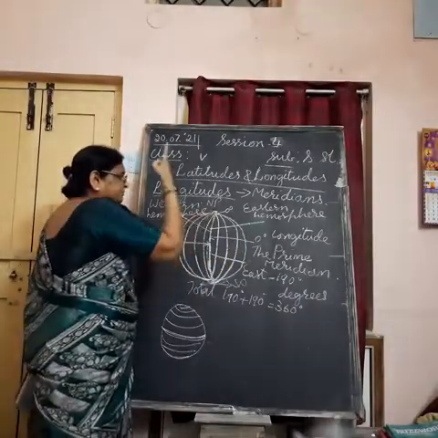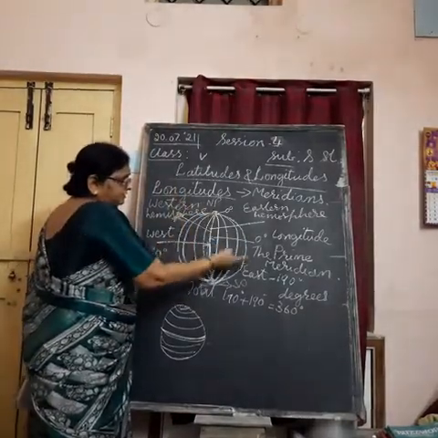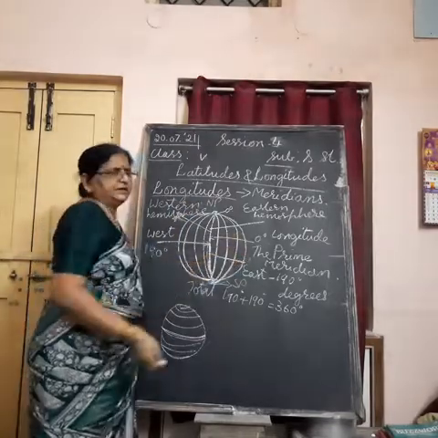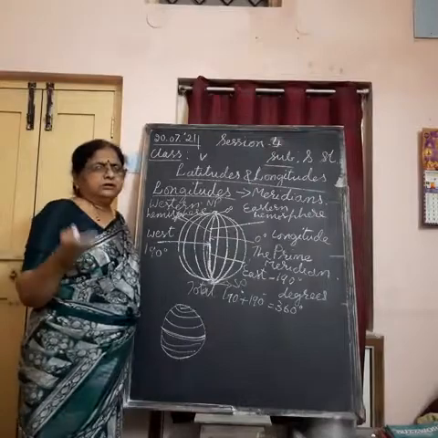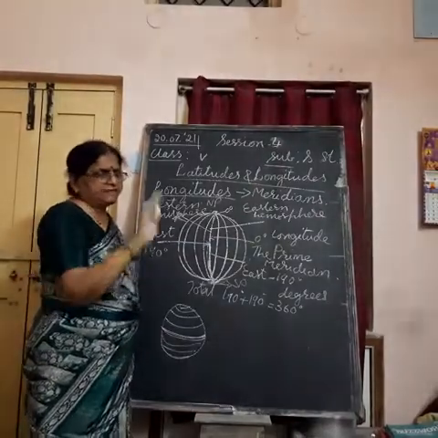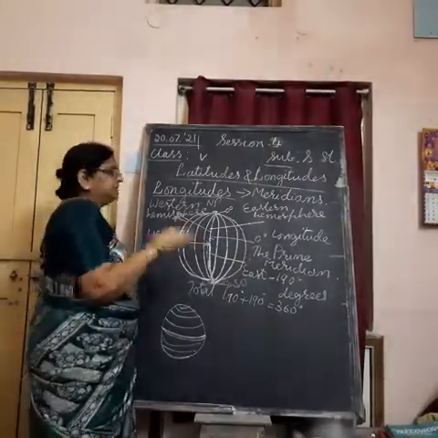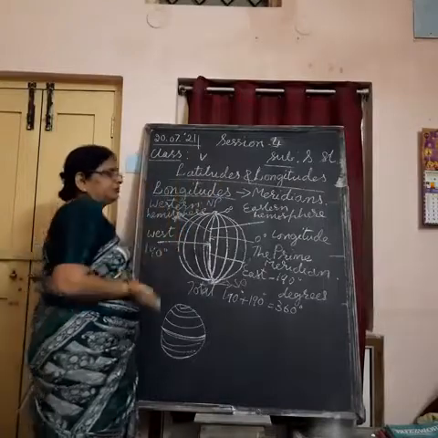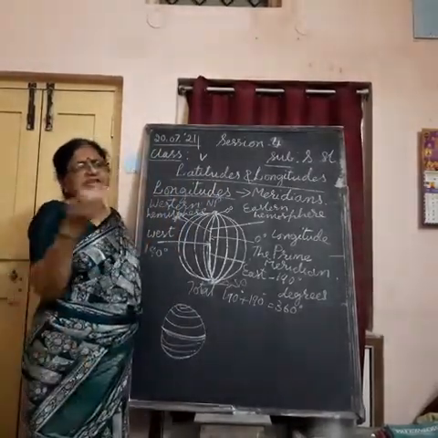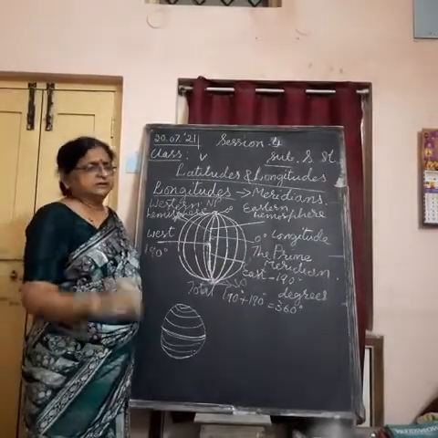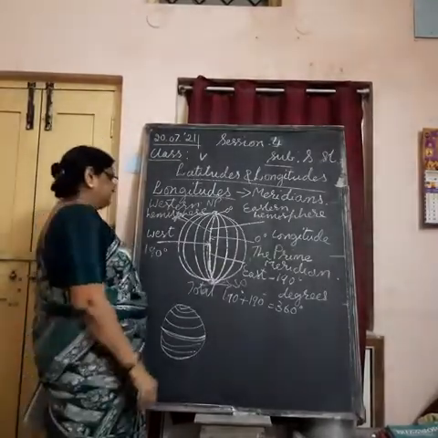Right from 0 degree till the 180th degree, the size of the longitudes remains the same, it never changes. Whereas towards the North Pole and the South Pole, the size of latitudes decreases. That is the difference you can see.